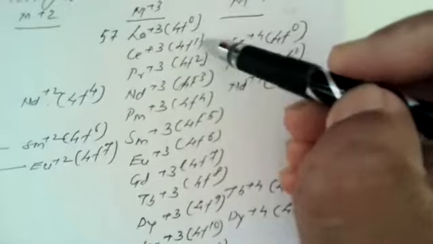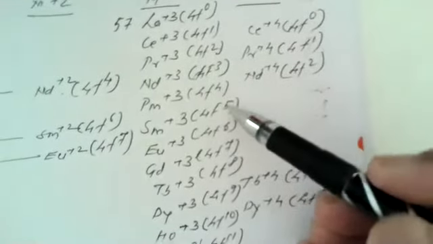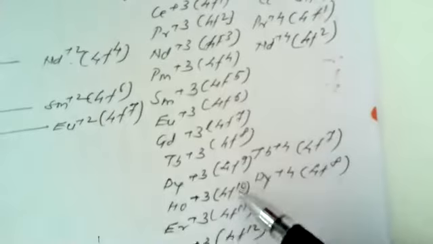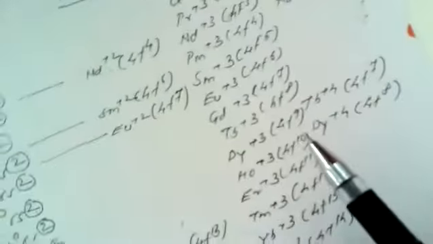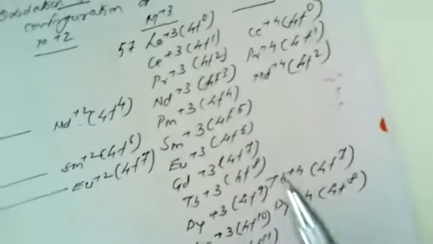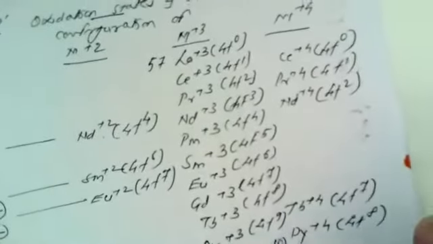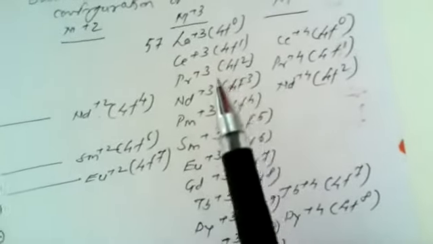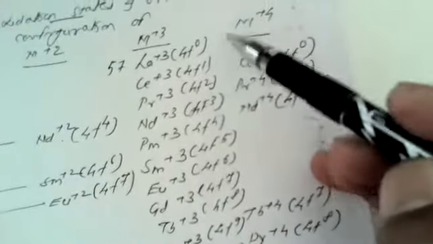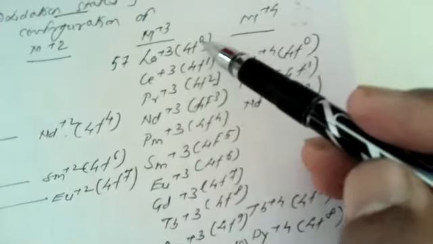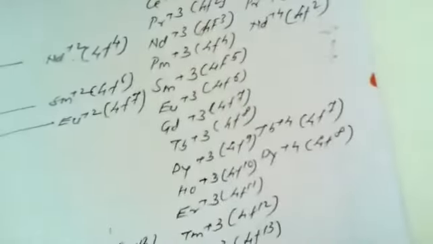So look at this outermost electron configuration: 0, 1, 2, 3, 4, 5, 6, 7, 8, 9, 10, 11, 12, 13 and 14. So we can conclude that there is no trick used to write the electronic configuration for +3. We can write blindly from lanthanum to lutetium. Just we have to write the electronic configuration from f0 to f14 at lutetium.